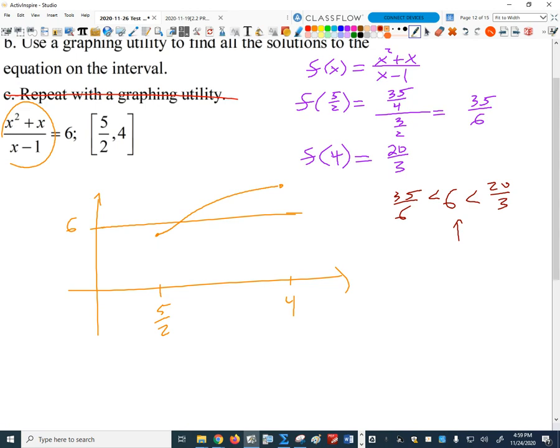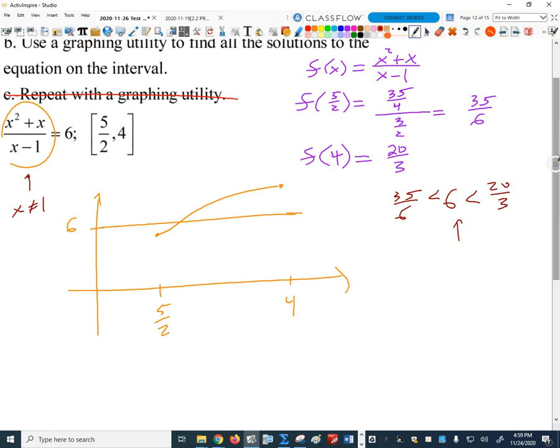There's one of the criteria. The other one is that the function has to be continuous on this interval, where the only place where this function is discontinuous is at 1, right? 1 is not in our interval, and so we're fine. The function is continuous on the interval from 5/2 to 4, and f of 5/2 and f of 4 surround the value 6.